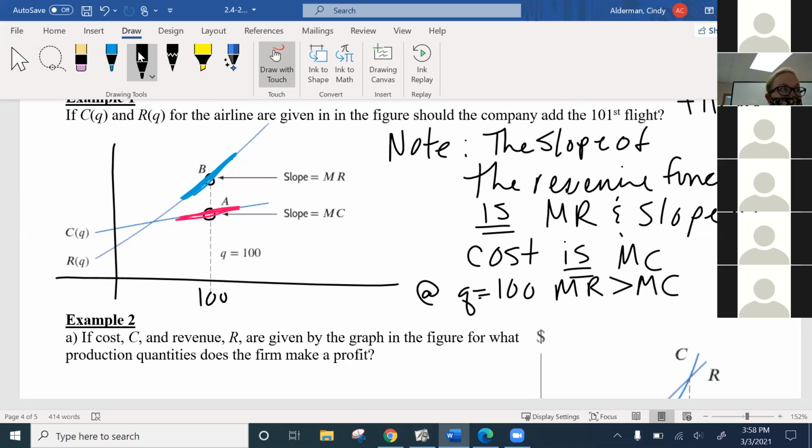Meaning if you compare the slope of the red and the blue lines, the blue line's slope is more, right? So marginal revenue, the slope of the blue line, is greater than the slope of the pink line.